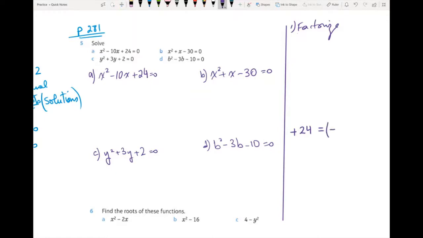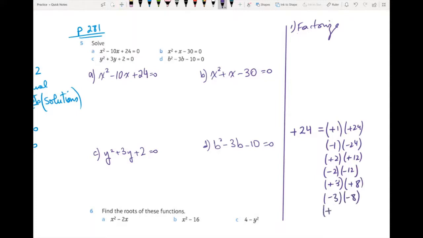Starting with plus 1 plus 24, minus 1 minus 24, plus 2 plus 12, minus 2 minus 12, plus 3 plus 8, minus 3 minus 8, plus 4 plus 6, minus 4 minus 6.